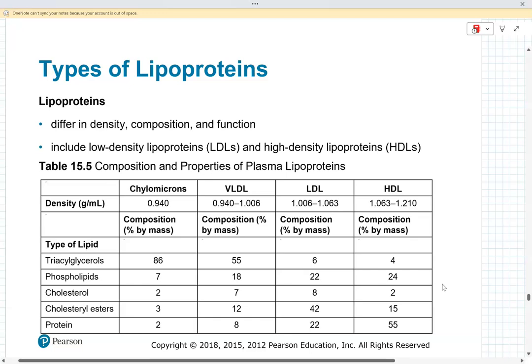Now, imagine you have liquid butter, or bacon grease, and you pour it into a glass of water. Where will the fat be? Will it sink or will it float?